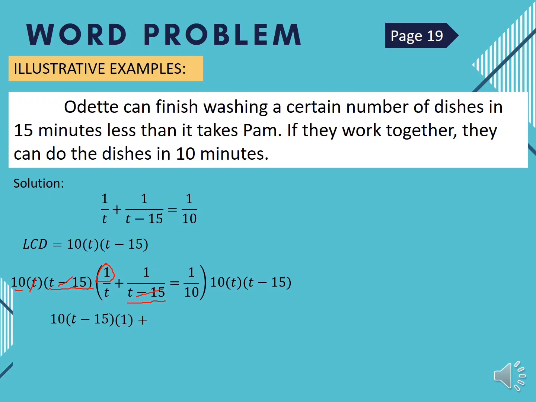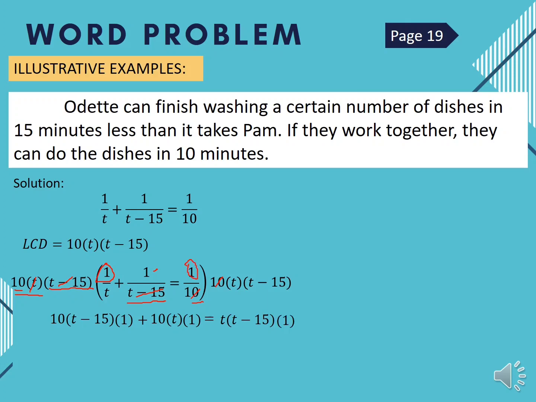So therefore, ang natira na lang ay si 10T. So 10T times the numerator, which is 1. Is equal to, okay, next third term tayo, 1 over 10, then 10 times T minus 15. We can cancel 10, so ang natira na lang ay T times T minus 15 times the numerator, which is 1. So we have times 1.